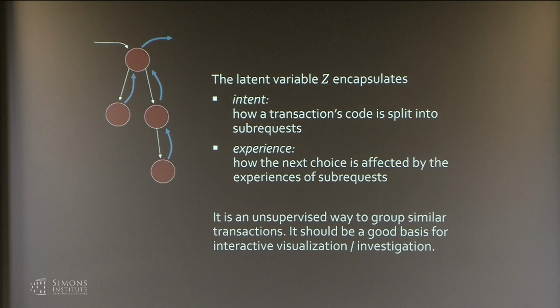It encapsulates the intent, the F functions: how does a particular machine decide to fork requests to others? It encapsulates the experience element as well: based on the answer you got from a sub-request, what do you do next? So autoencoders based on this sort of sequence business give you an unsupervised way to group similar transactions, and that seems to me to make sense as a basis for visualizing and understanding how these data centers work.